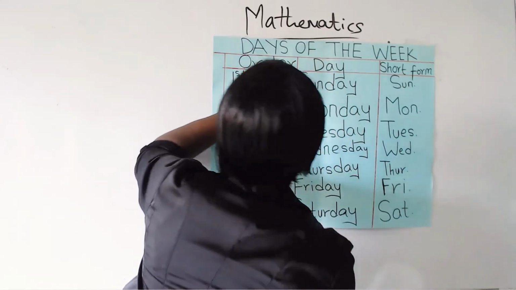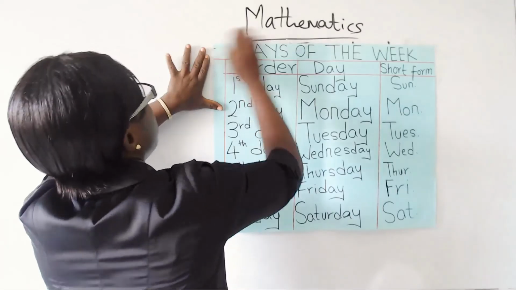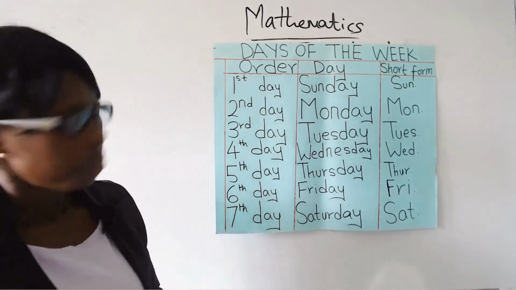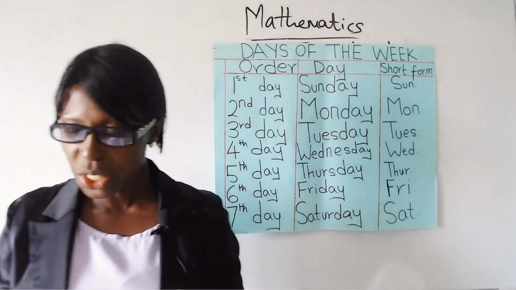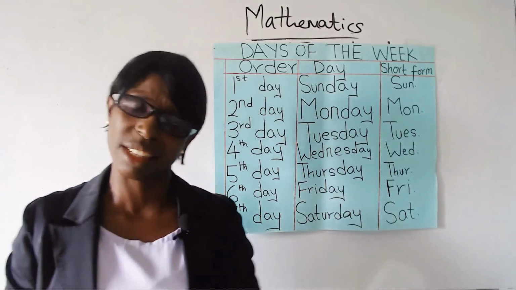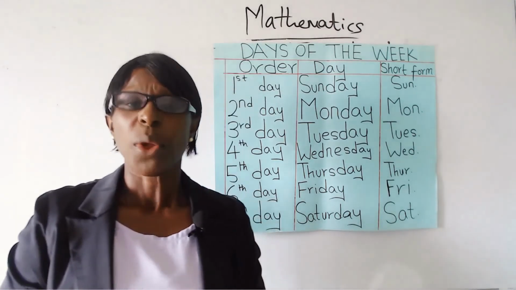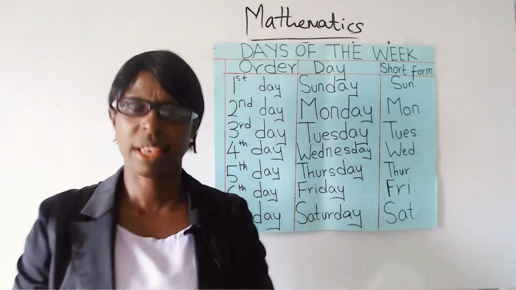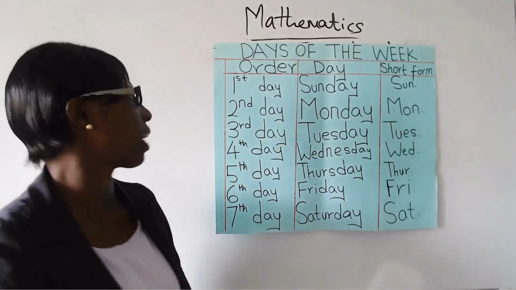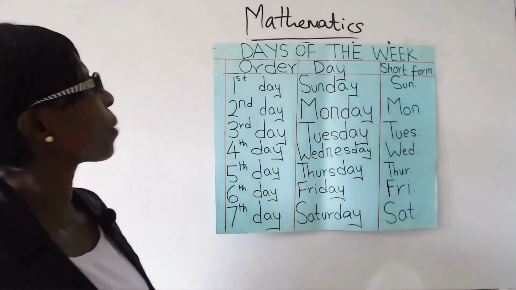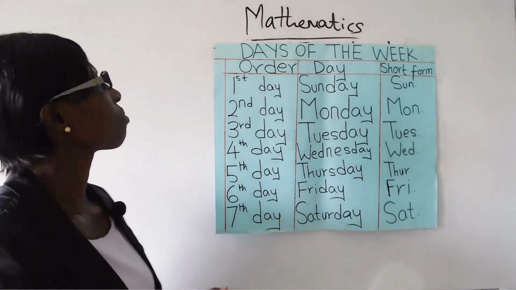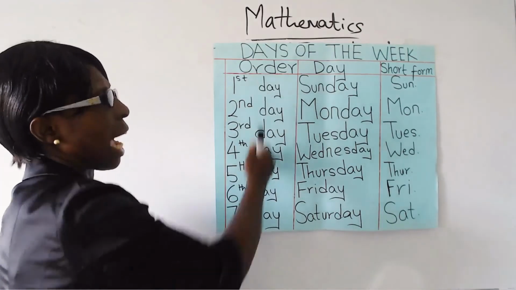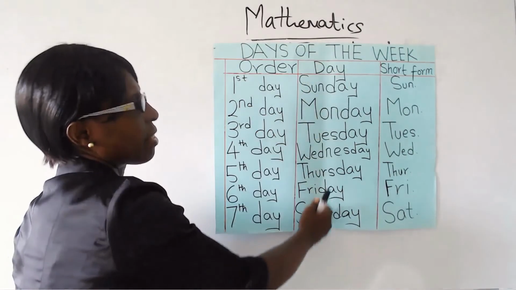Okay, I want us to know that there are 7 days in a week. Now let's see the days of the week. I hope you can see it clearly, okay? Now, look at the order. This is the order. Now, these are the days.